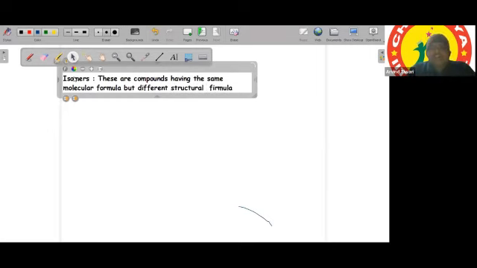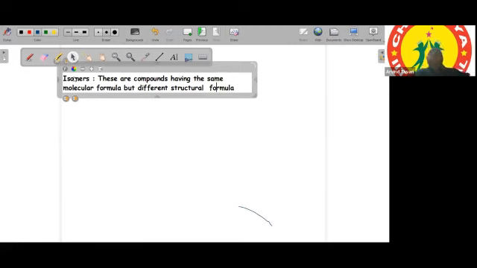The structures of each other may differ in the position of the carbon chain. They may differ in the position of double bonds, or in the position of triple bond.